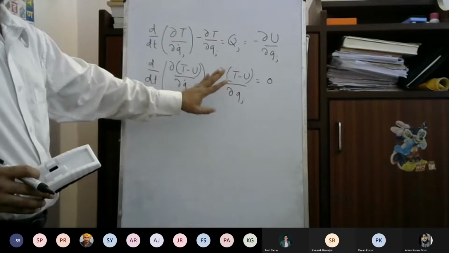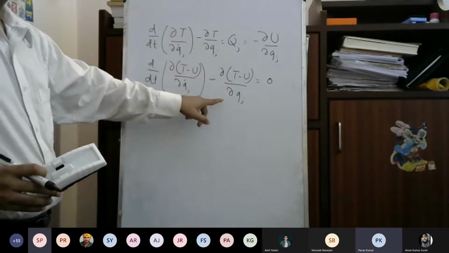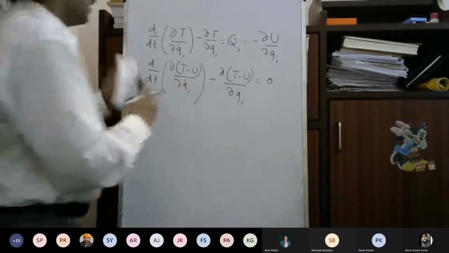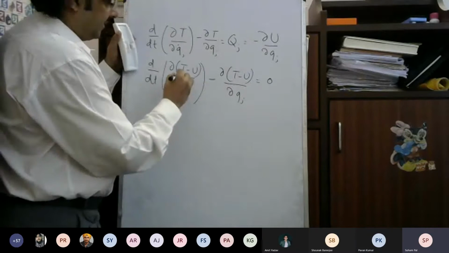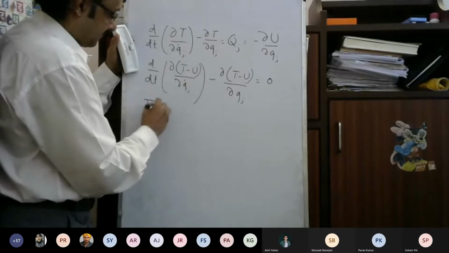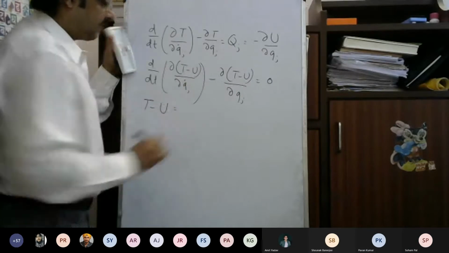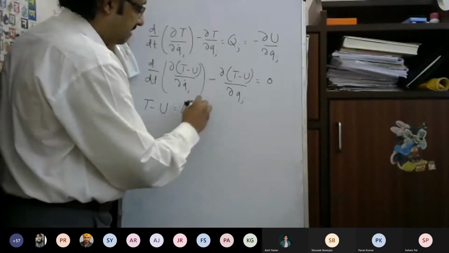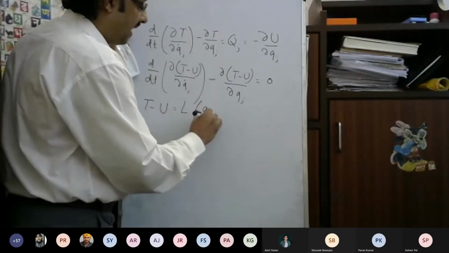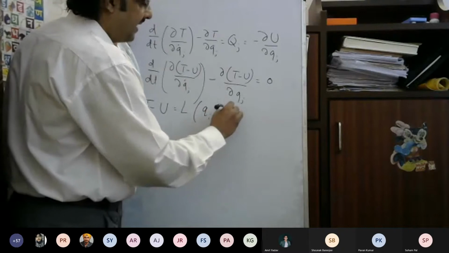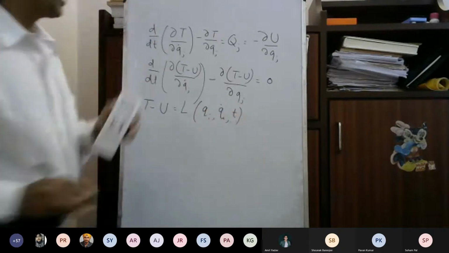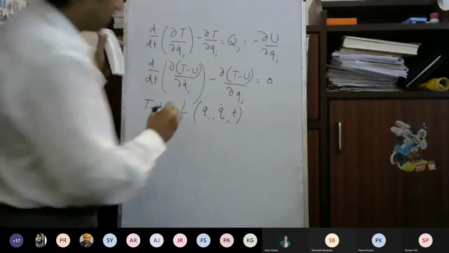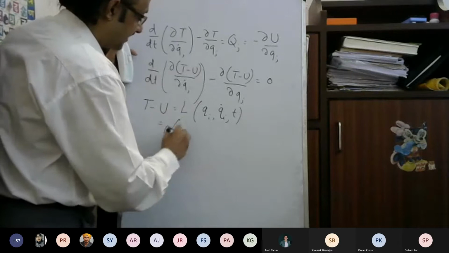Clear? Any doubt? No, sir. Good. Now, this function, kinetic energy minus potential energy, is a function of qi, qi dot, and it may be a function of time explicitly also. This is known as the Lagrangian of the system.